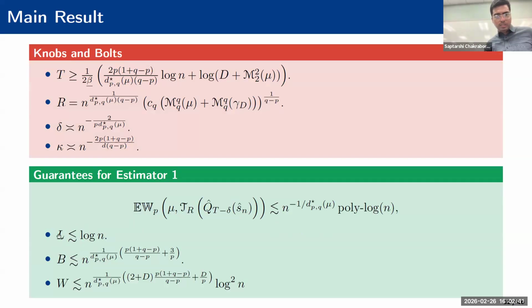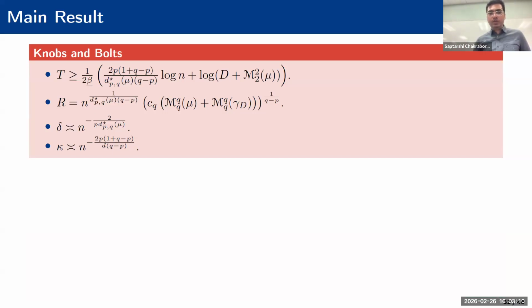I wrote this tilde upper bound because it's enough to choose L, B, and W, and the size scales at most log n. That's sufficient. So it should actually be asymptotically the same. This gives a sufficient condition on B, W, and L.